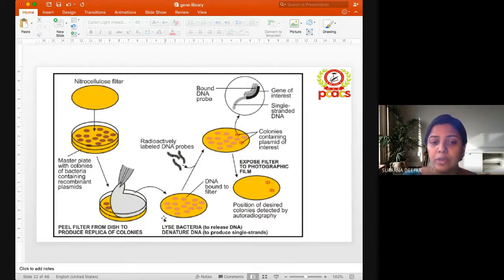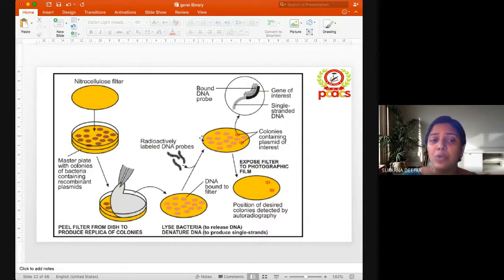Then the bacteria are lysed, the DNA comes out, and the DNA is denatured using alkali treatment. After the alkali treatment, it is also given treatment with UV radiation or heat, so that it gets bound to your membrane.